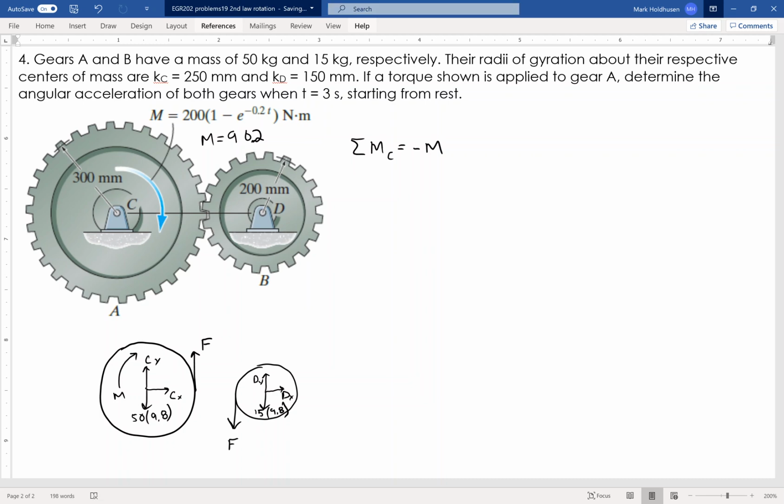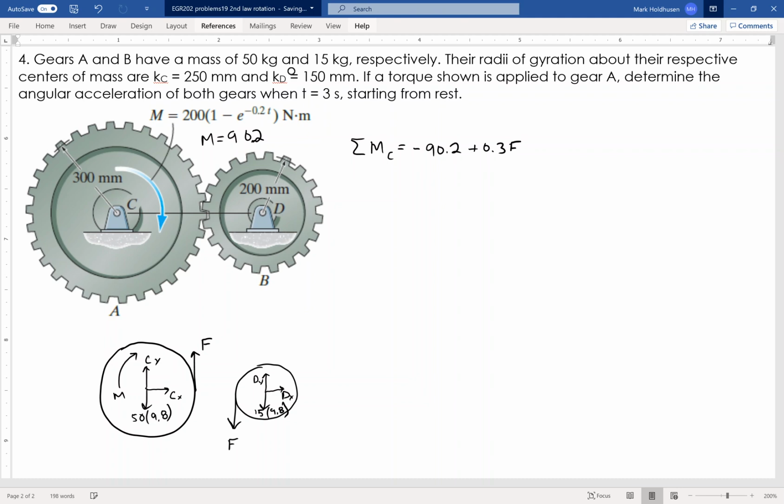So maybe rather than calling it negative M, I just call it negative 90.2, because that's what the moment will be at 3 seconds. That's a negative moment. I also have a positive moment due to the force at the edge, so that'll be plus 0.3 times that F.